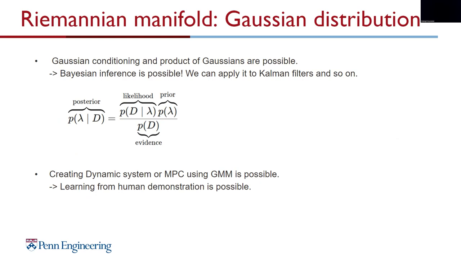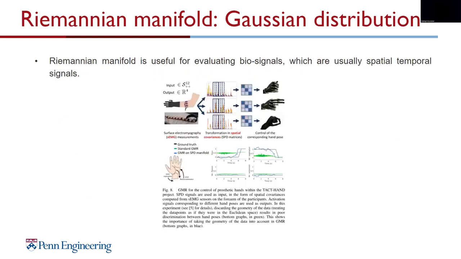So what you have to do is just use it. Especially, the Riemannian manifold is used for evaluating biosignals. For example, when you want to control with EMG sensors, you have a sample covariance matrix between these EMG sensors, and then you can do some kind of gesture control.